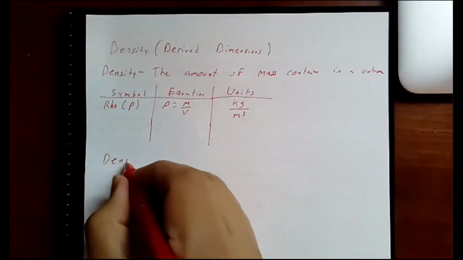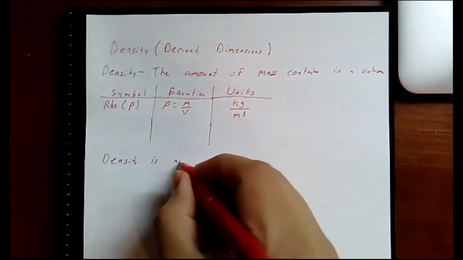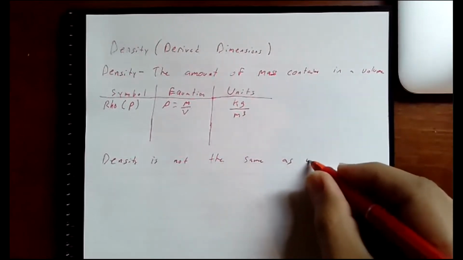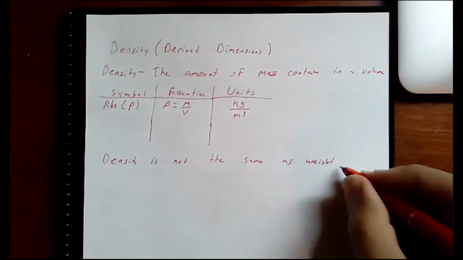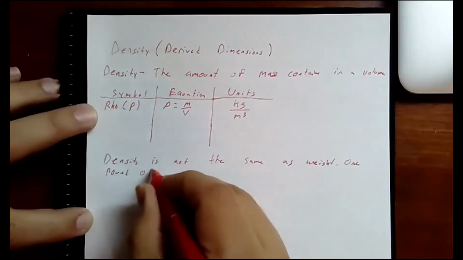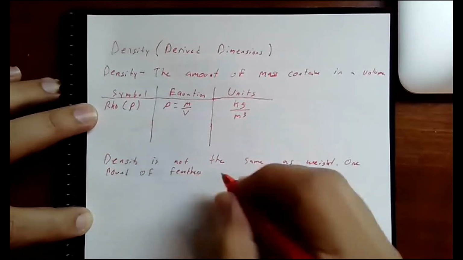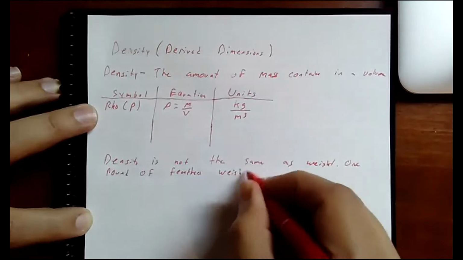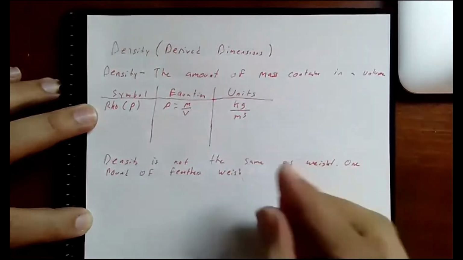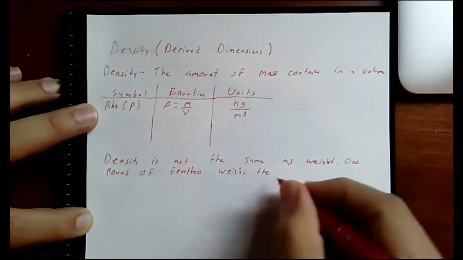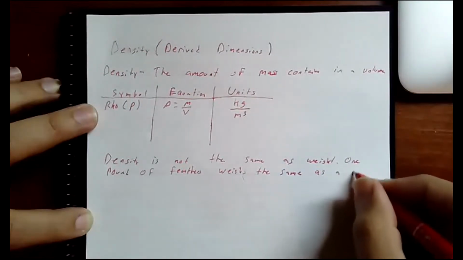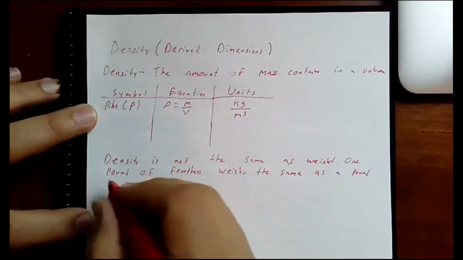So density is not the same as weight. For example, 1 pound of feathers weighs the same as a pound of bricks. Right?